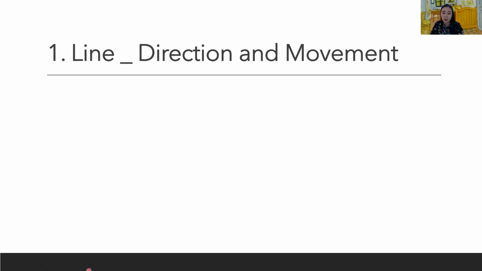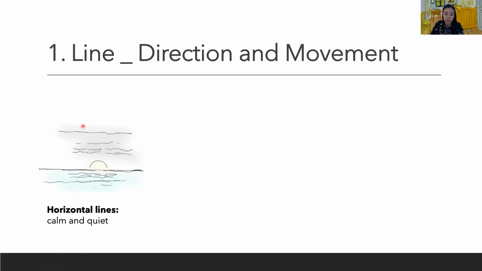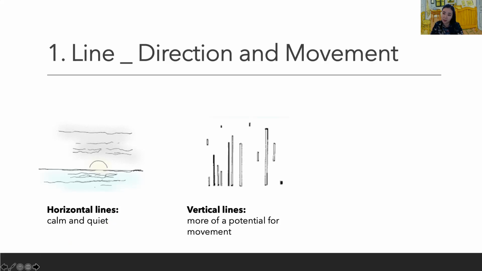And now let's see direction and movement by lines. The direction of a line can convey mood. The first one is a sunset image with the horizontal lines. Horizontal lines are calm and quiet in art. And the next one is vertical lines.